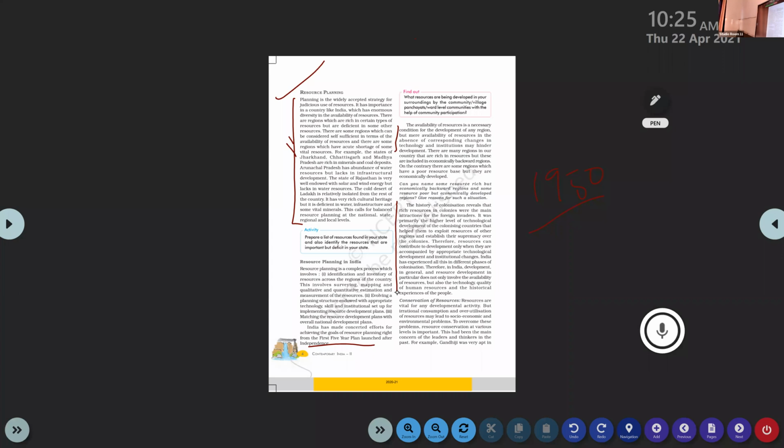Our second question: what are the processes included in resource planning? First one: what is resource planning? Write a short note on resource planning. Okay, things are fine, I think.